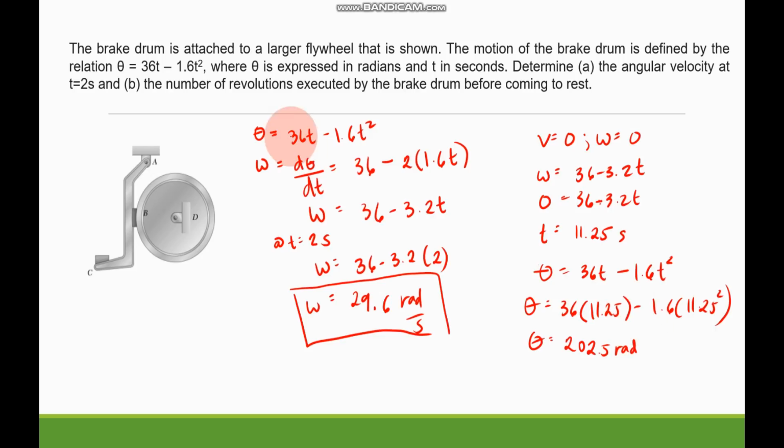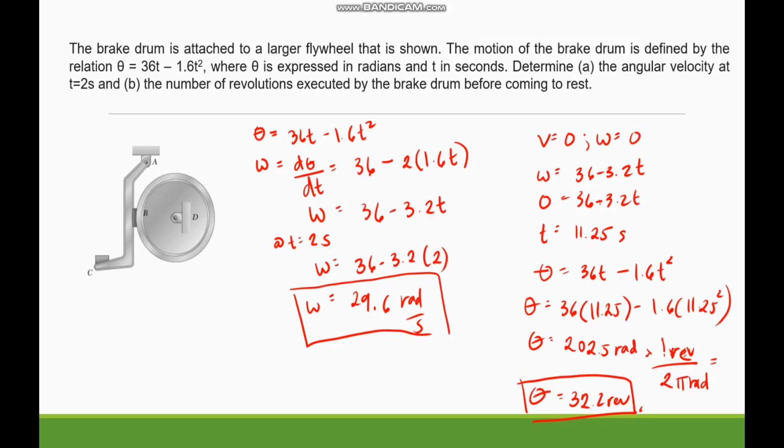But the problem is requiring the number of revolutions. In one revolution, we have 2 pi rad. Therefore, our angular coordinate is equal to 32.2 revolutions. So that is the answer for letter B.